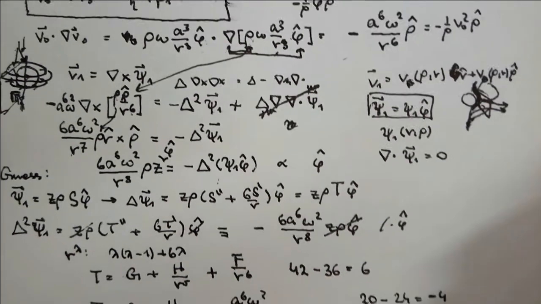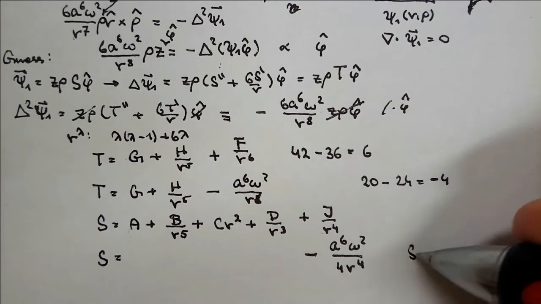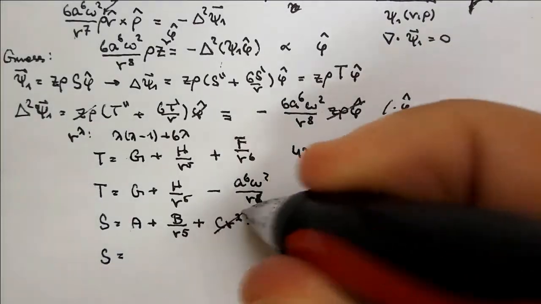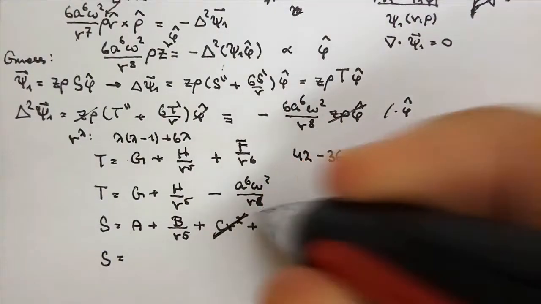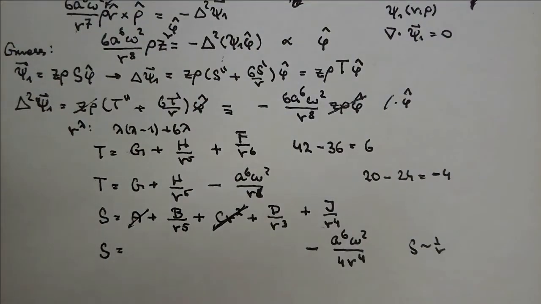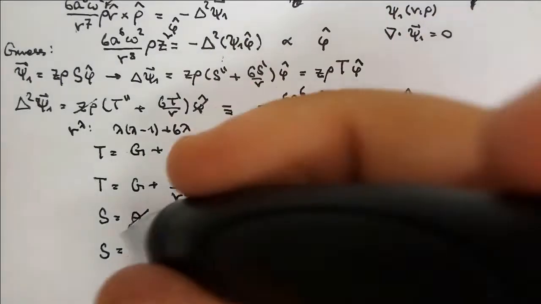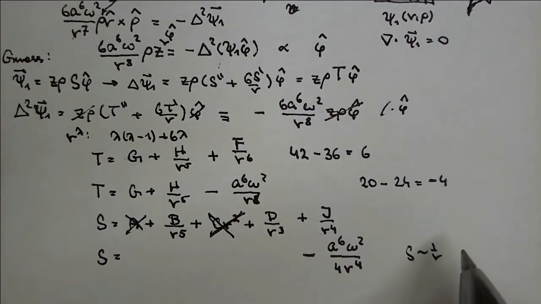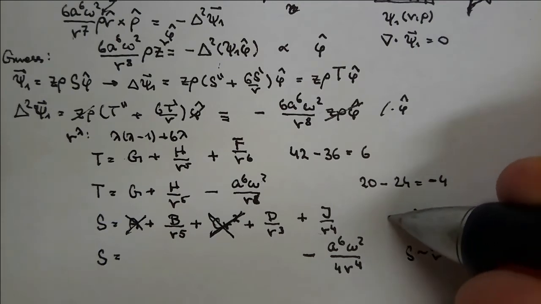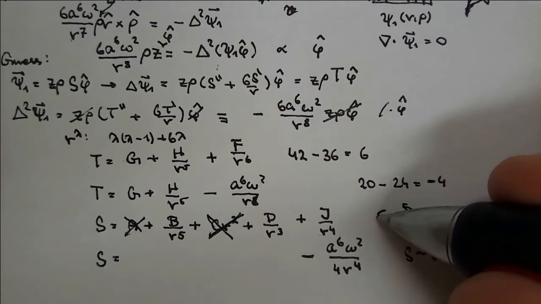So the boundary conditions for S are this: S is proportional to 1 over R maximally, so this has to be 0, C is 0, and C is also 0. We don't need A for this purpose, so I will also cross A and cross this term, because S is proportional to 1 over R. So again, because there is no 1 over R term, there is no flow at infinity in the spiral arms.